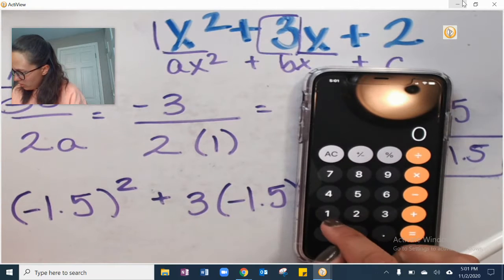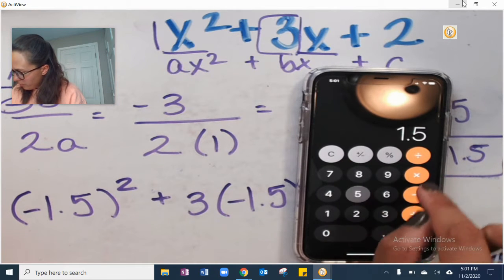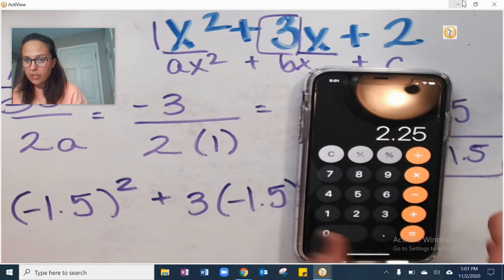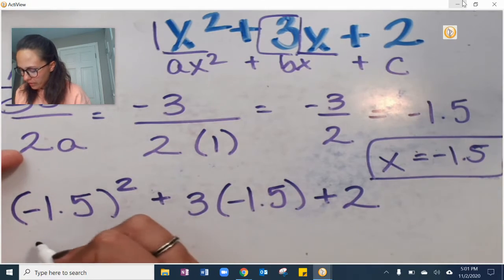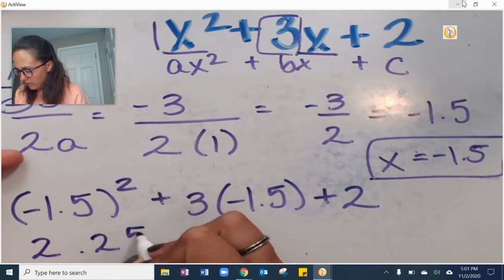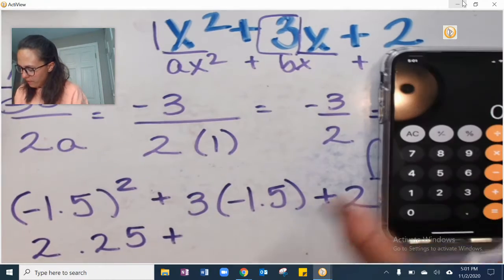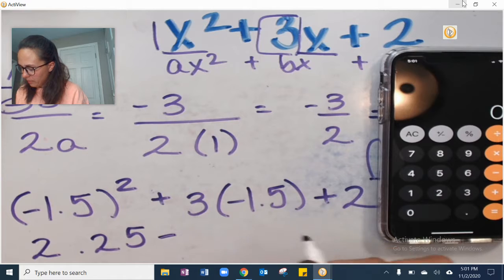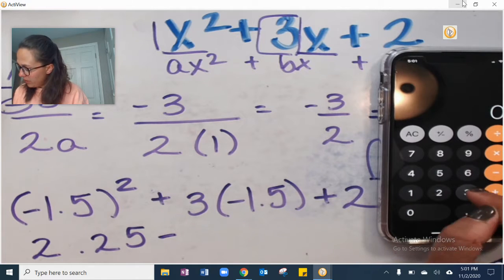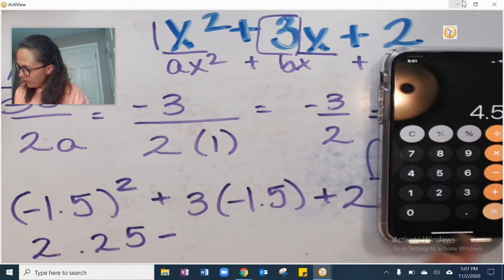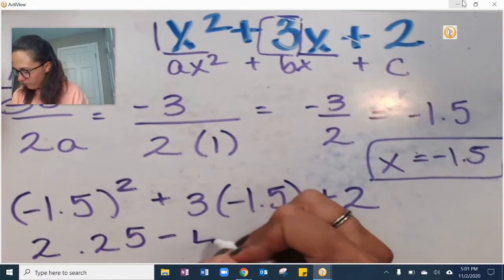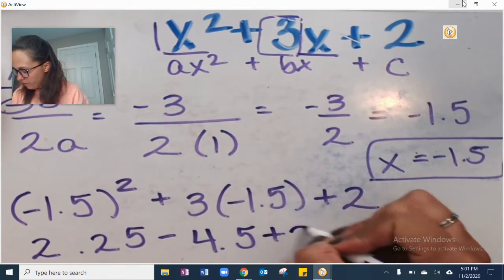So 1.5 times 1.5 is 2.25. I didn't put negative because I knew a negative times a negative would be a positive. Plus, what's 3 times 1.5? Let's make that negative. We know it'll ultimately be negative, so 3 times 1.5 is 4.5, and then plus 2.